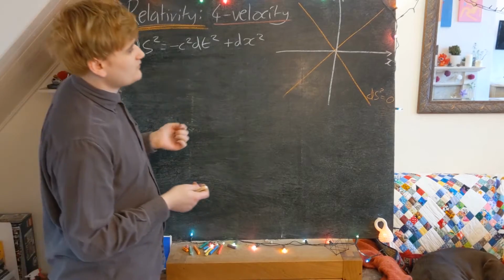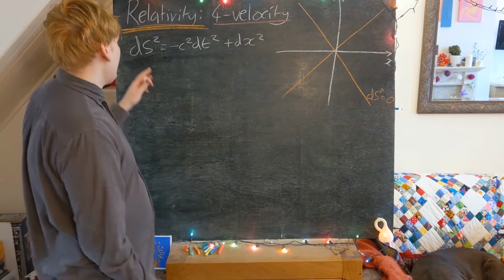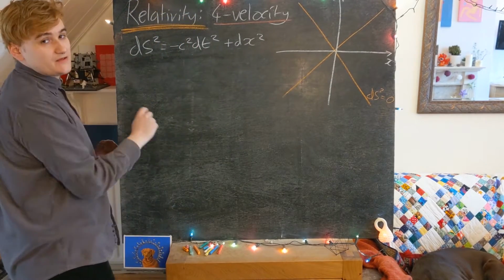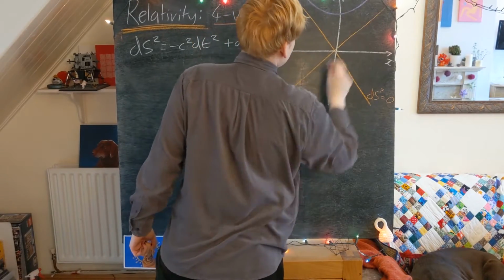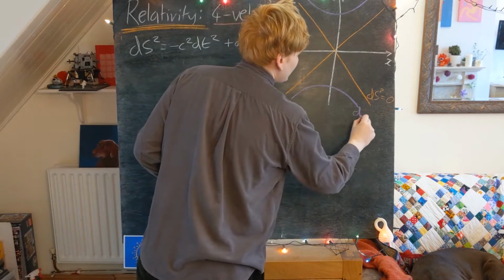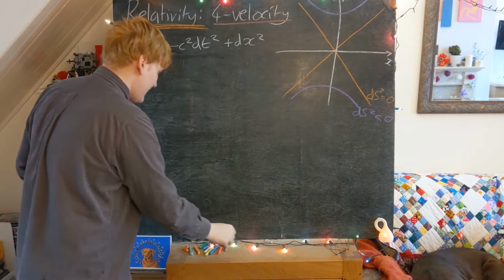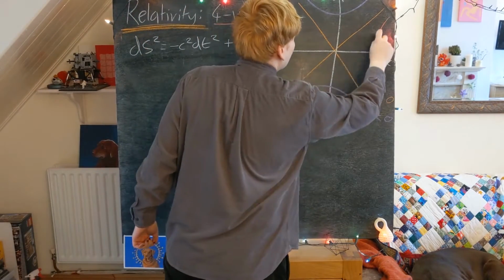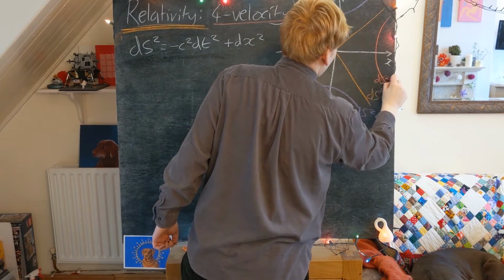We're going to see more of what these mean today. But in this forward and backwards light cone, the value of ds squared was negative. And so the curves of constant s are these hyperbolae. So this is ds squared negative. And then similarly for positive ds squared we had these other hyperbolae.